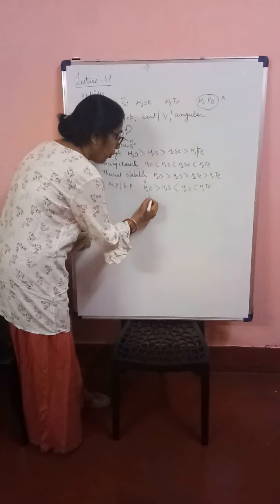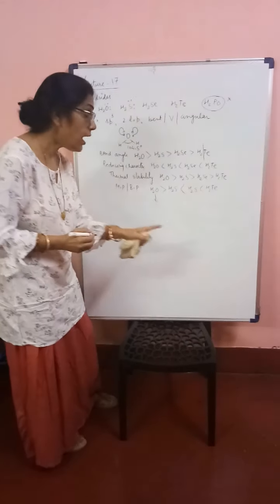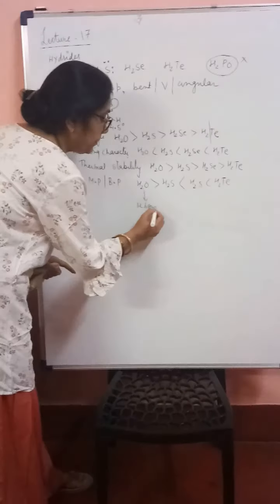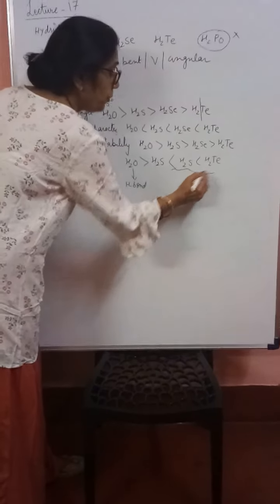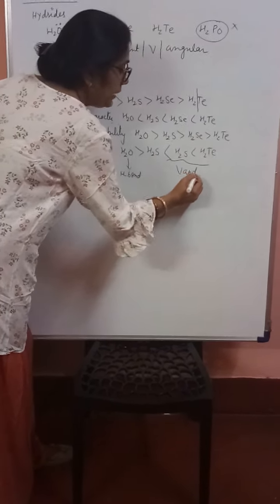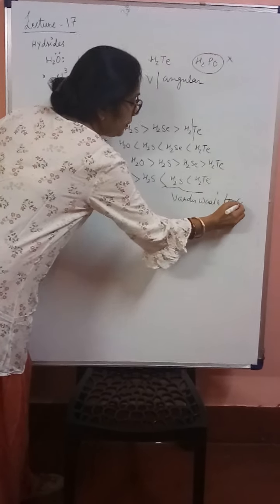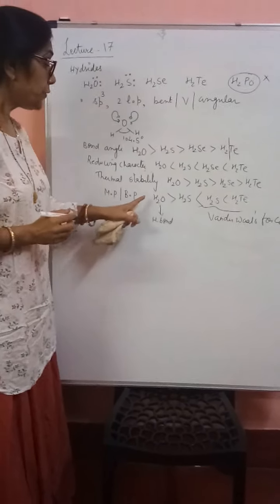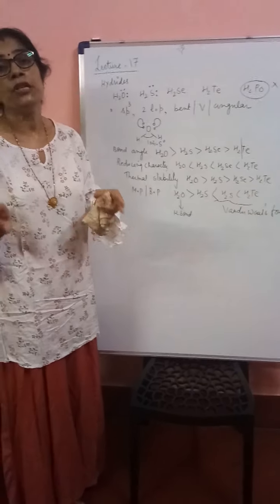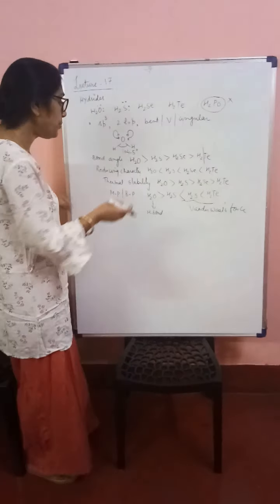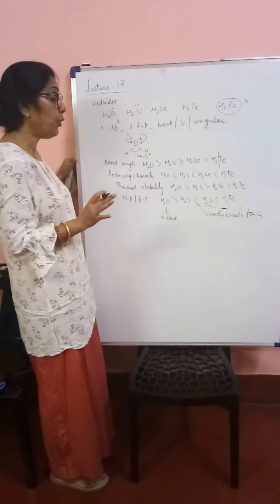Because in case of water, the molecules are associated by means of intermolecular hydrogen bonding, and the other molecules have van der Waals force rather than hydrogen bond. As you all know, hydrogen bond is stronger as compared to van der Waals and even dipole. So therefore, water has got higher melting and boiling point.